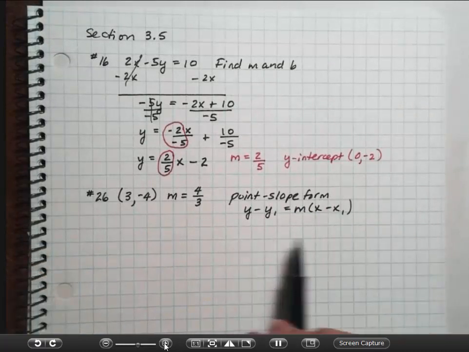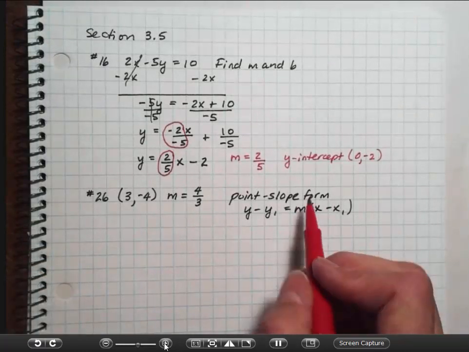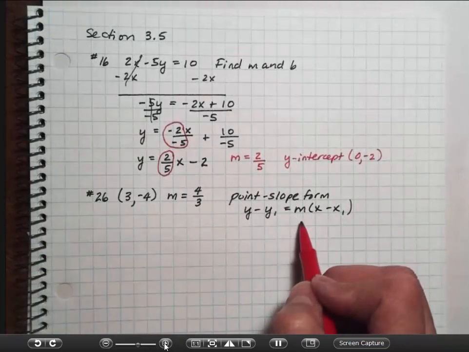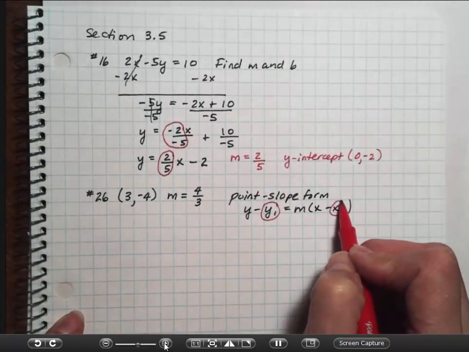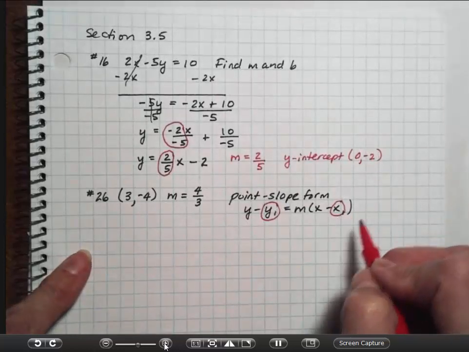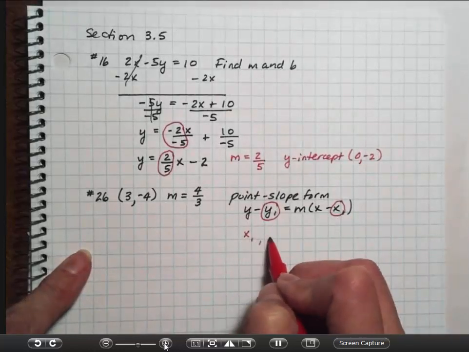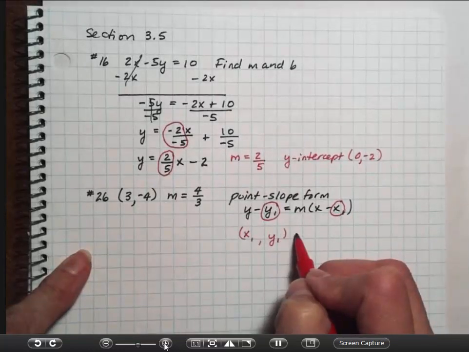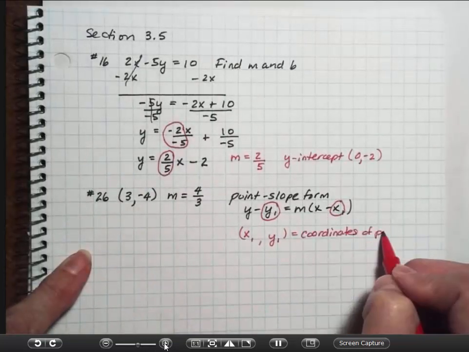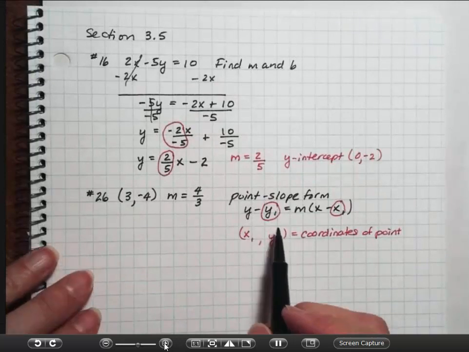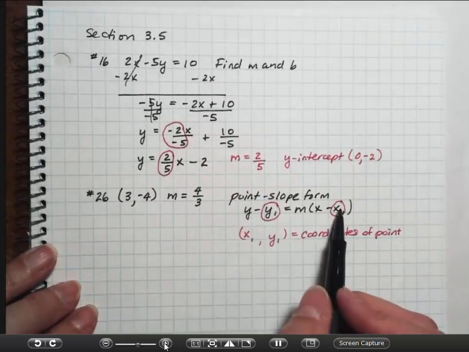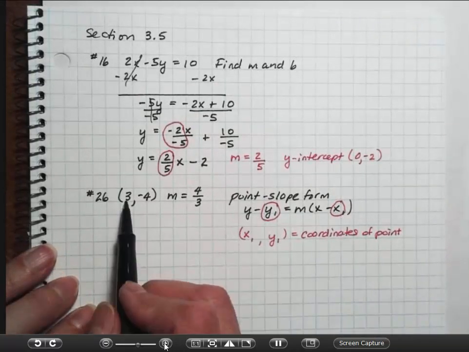In the point-slope form, again, m stands for your slope, and these coordinates right here, your x1 and your y1, are the coordinates of your point. So I'm going to use these coordinates, and I'm going to put in 3 where I have x sub 1.